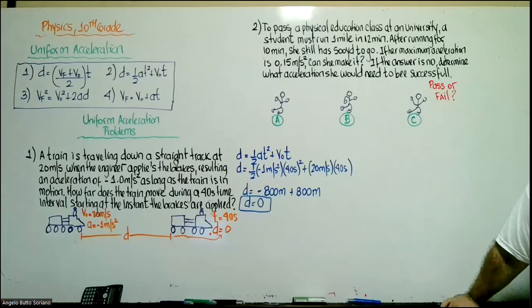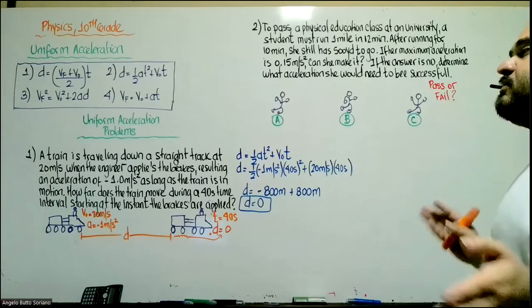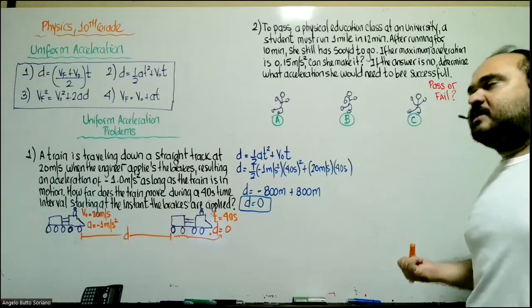If you read the problem once again carefully, it mentioned at the beginning that a train is traveling down a straight track at 20 meters per second.